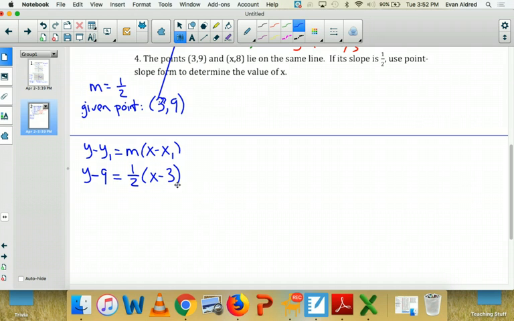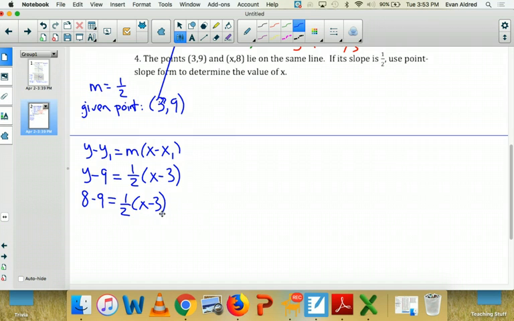And now we have this other point on the line where the x value is unknown at this time, but there is a known y value, and that known y value is 8. So where we see y in our point-slope equation, we can plug in the 8. That will leave us with 8 minus 9 on the left-hand side, and 1/2 multiplied by (x minus 3) on the right.